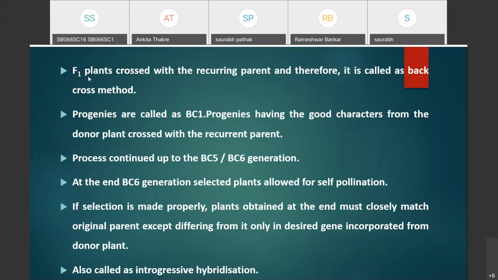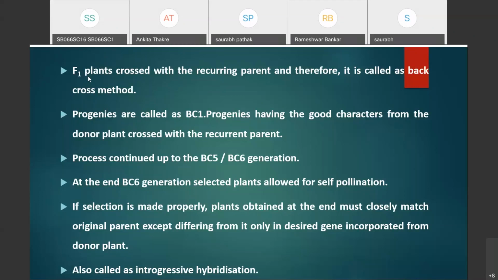Instead of permitting self-pollination as in the pedigree or the bulk method, these F1 progenies are crossed with the recurrent parent. We have discussed the pedigree and the bulk method.